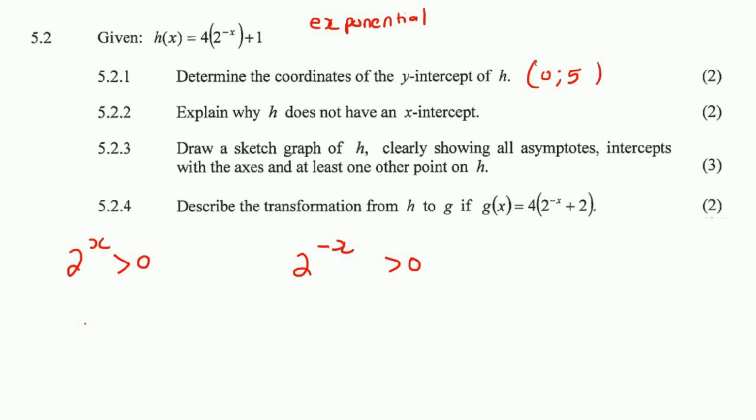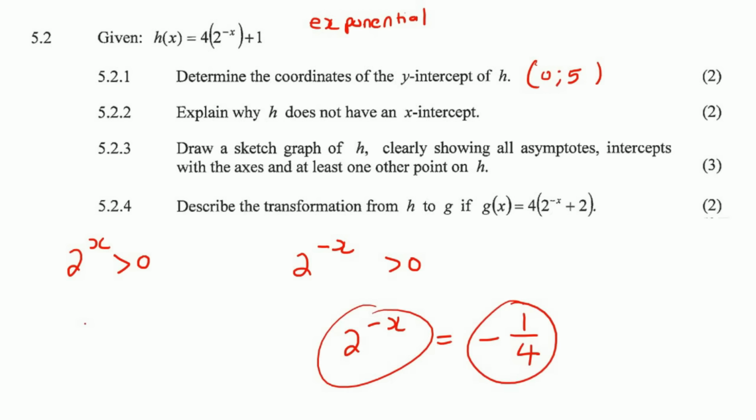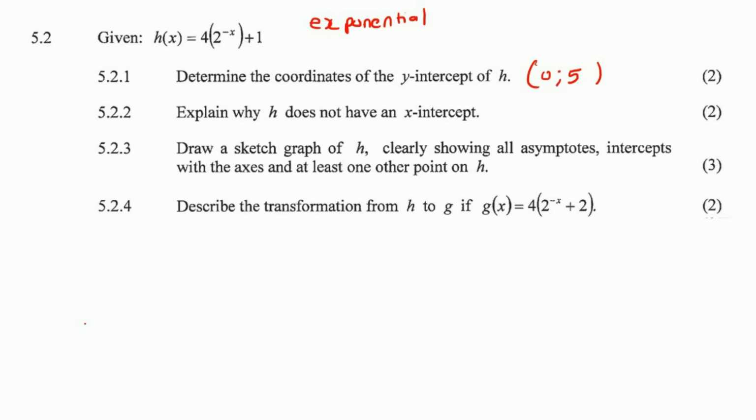Okay? So as soon as you get something like that, just know that that thing is always positive. So if you have an equation that looks like this, well, that's impossible, because this can never equal something that is negative. Okay?